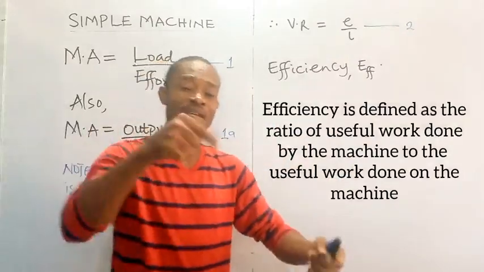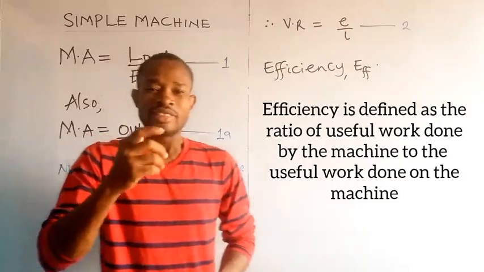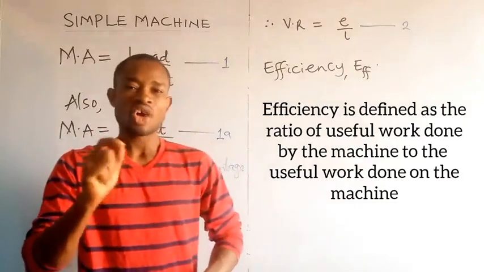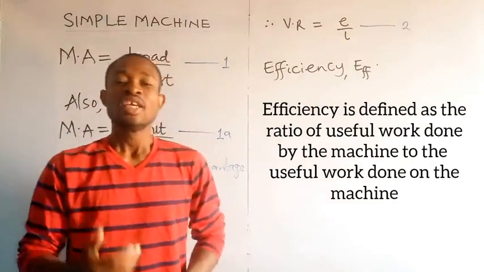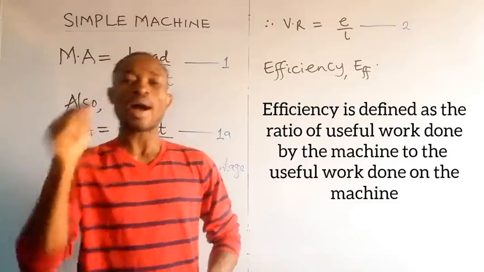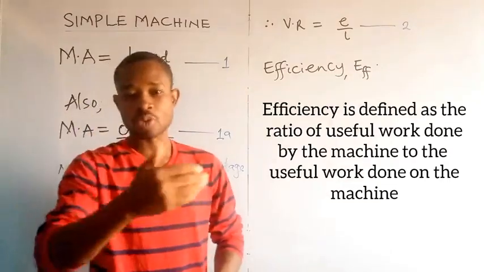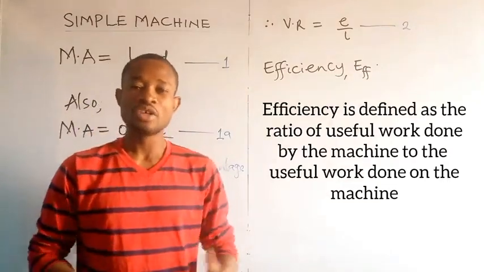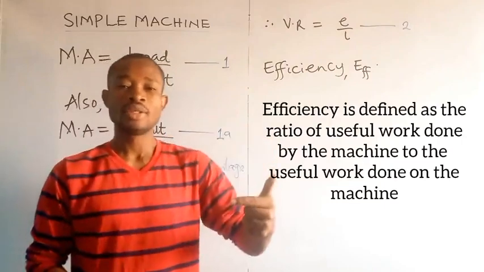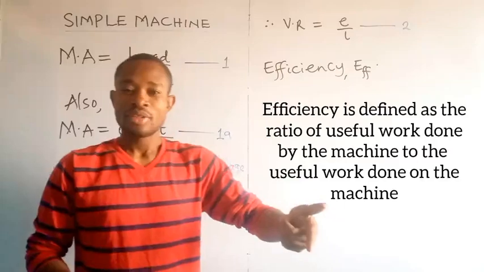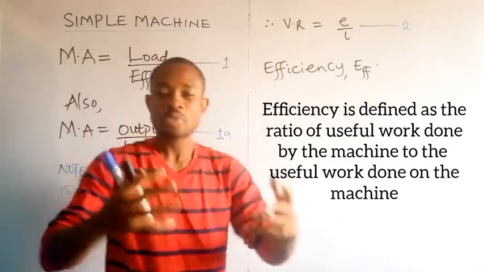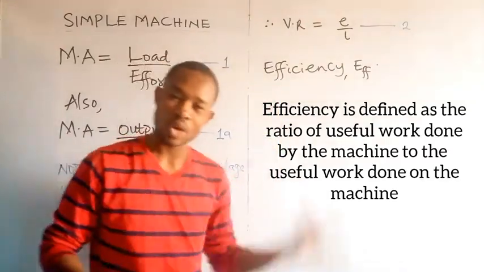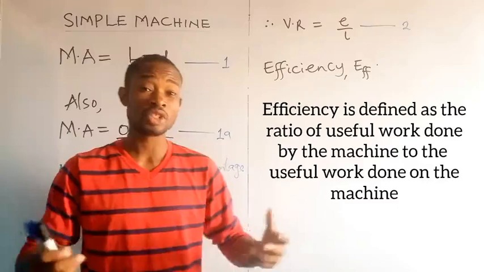The useful work done on a machine is the input. The useful work done by the machine is the output work. So the ratio of the useful work done by the machine to the useful work done on the machine expressed as a percentage is what we call the efficiency of the machine.